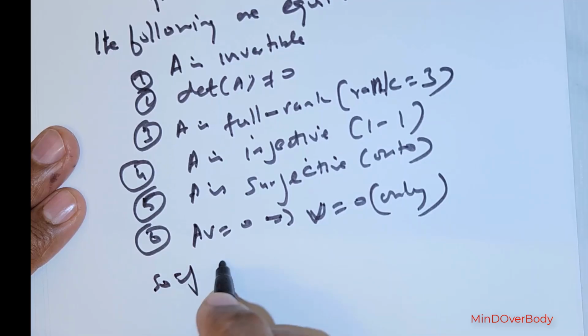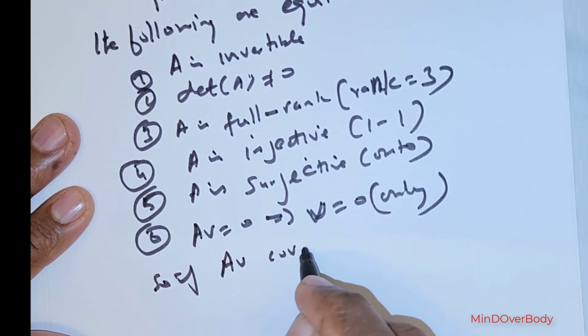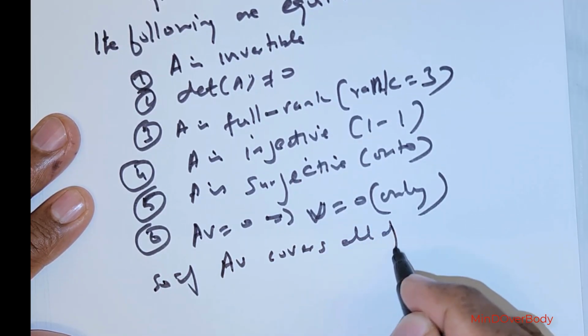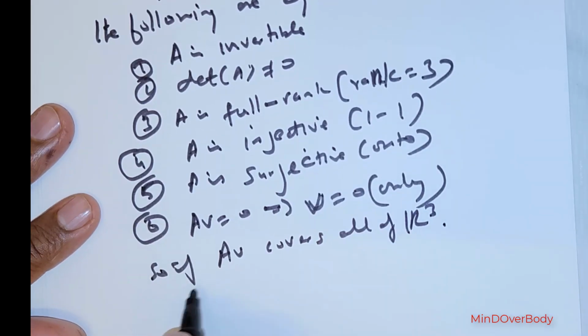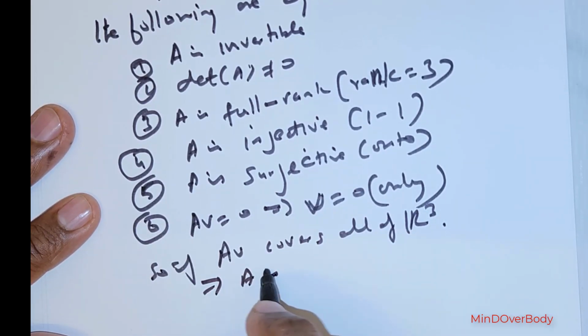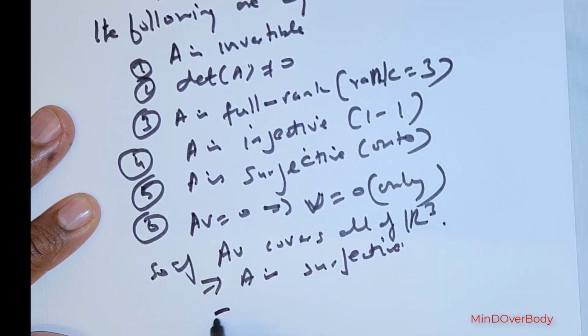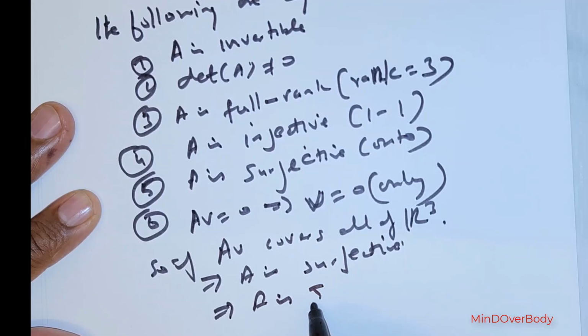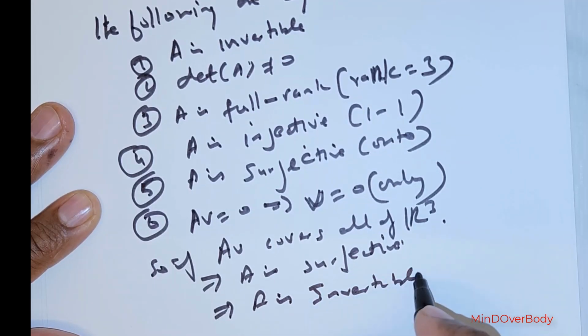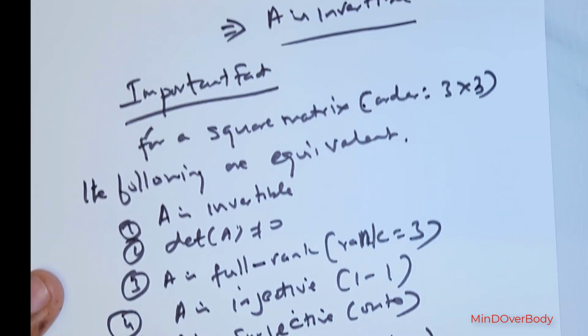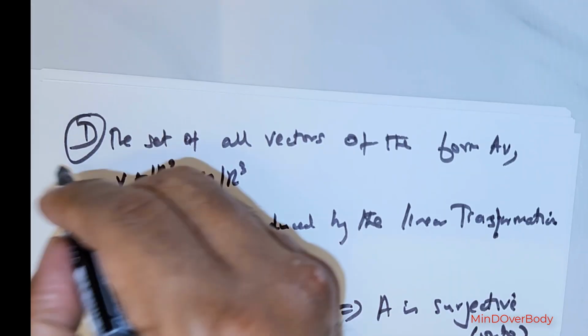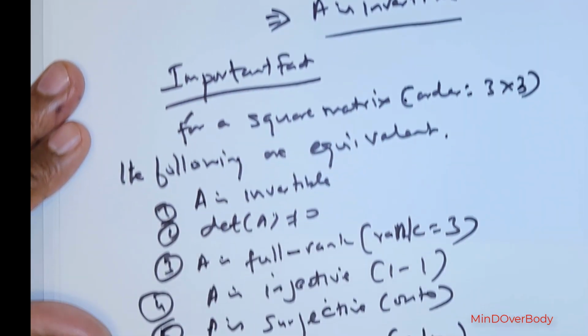So if Av covers all of R3, then A is surjective, then this means A is invertible. Okay, so statement D is also true.